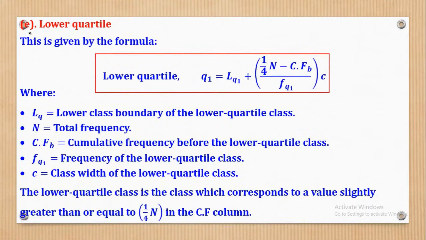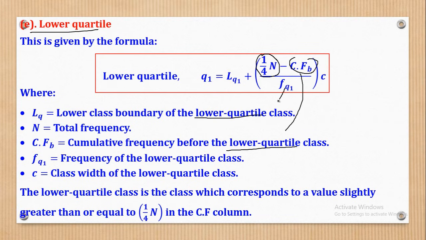The next is lower quartile. So what is changing? The formula for median is the same formula for quartile or decile or percentile, but what changes is the position, for example, but the rest is the same. For example, here it was lower class boundary of the median class, now it is lower class boundary of the quartile class, lower quartile class. Here it was cumulative frequency before the median class, now it is cumulative frequency before the lower quartile class.